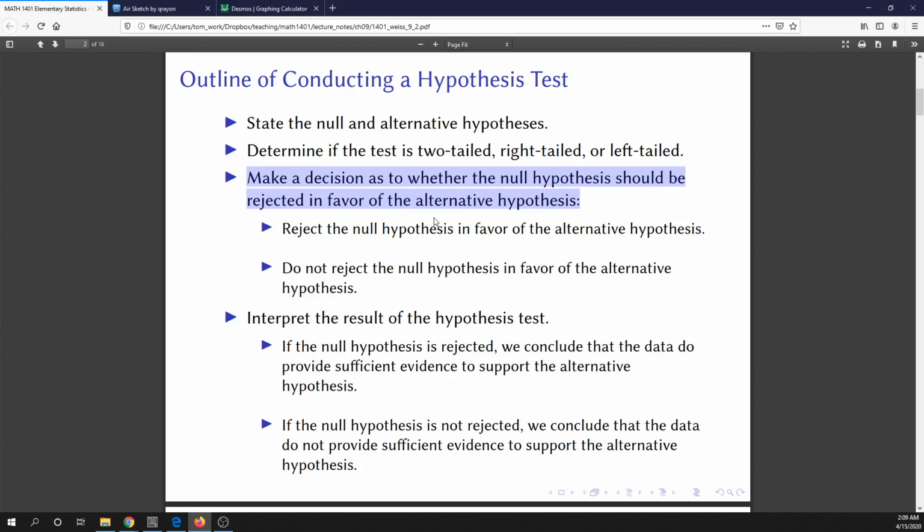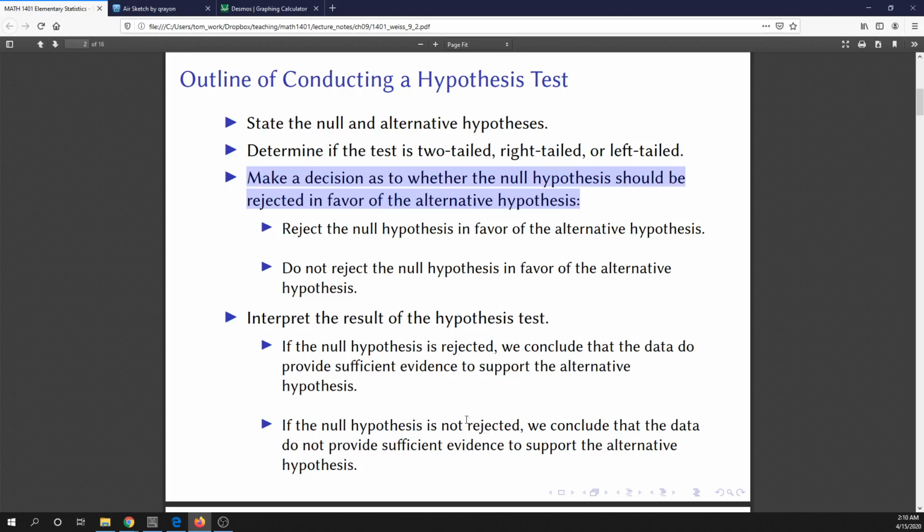And then the thing that you want to do after you make the decision is to interpret the results of the hypothesis test, and this is pretty much the two things that you will decide on. If you reject the null hypothesis, you conclude that the data do provide sufficient evidence to support the alternative hypothesis. So you would say, hey, the null hypothesis is not true. We've got some evidence to support the alternative hypothesis.